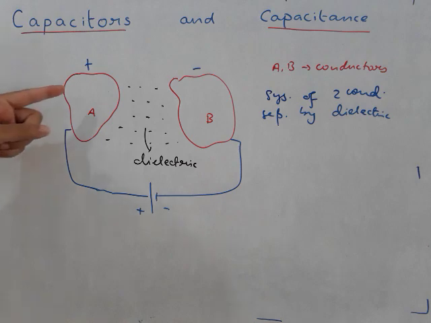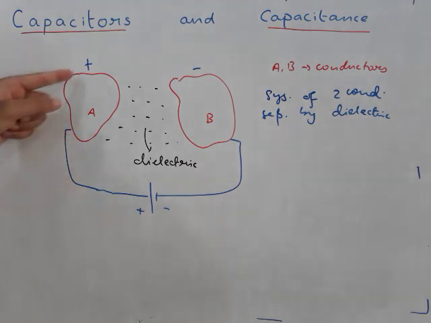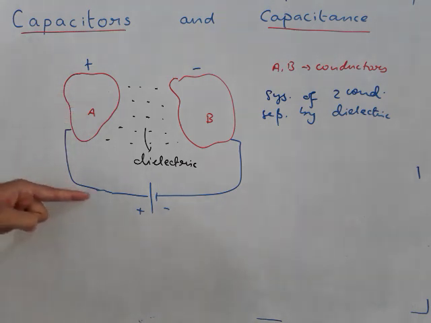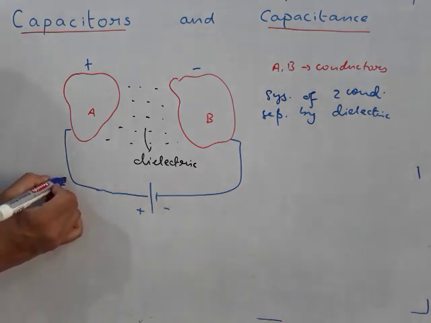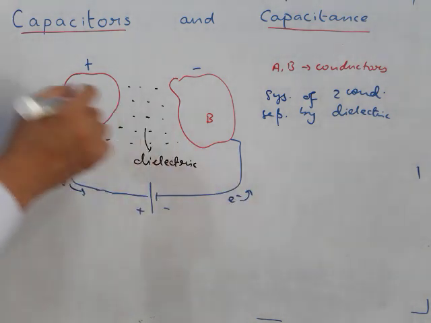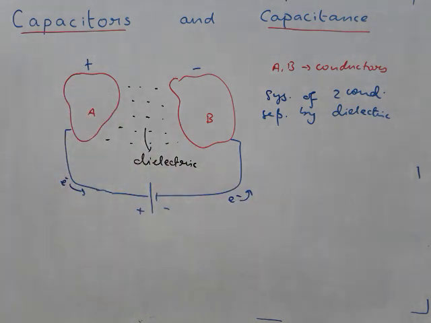On the other hand, the free electrons in conductor A, remember conductors have a large number of free electrons, those free electrons will move to the positive terminal of the battery. If I draw the path, electrons will move like so. And this process stops within a very small amount of time.